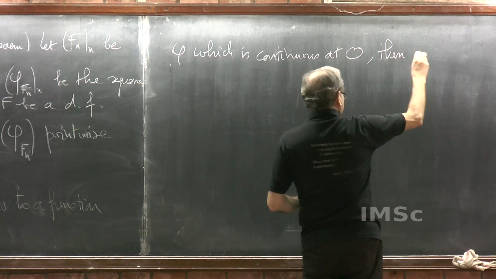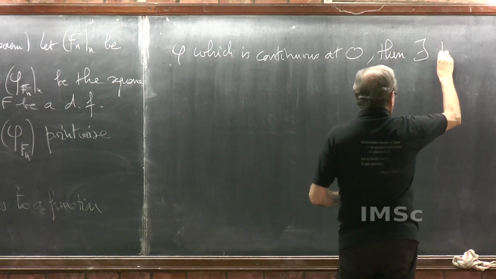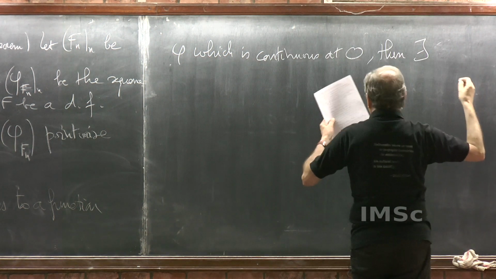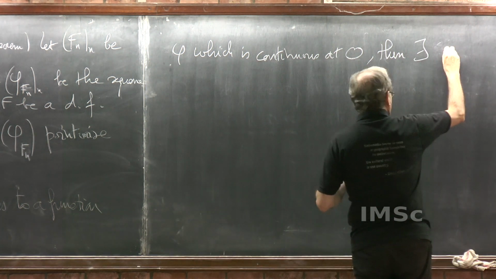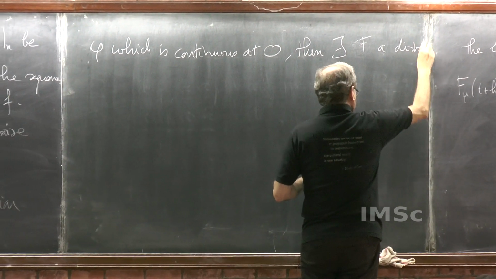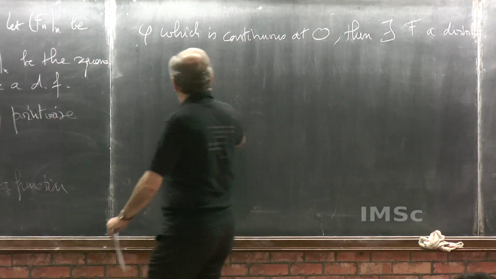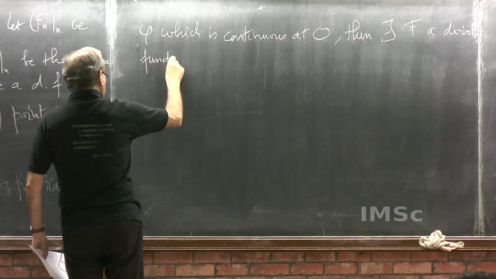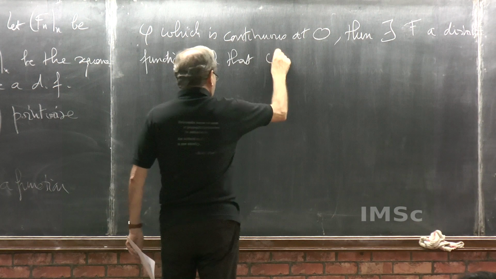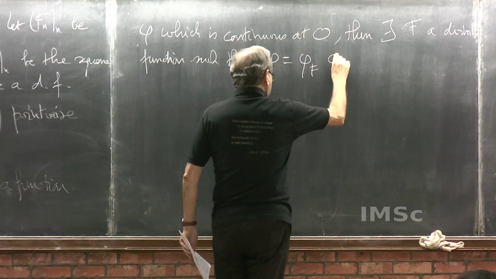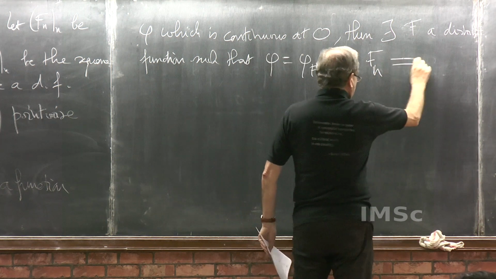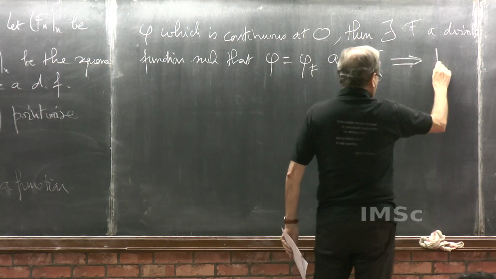Then there exists a distribution function f such that phi is phi f, and your sequence of probability measures weakly converges to f.